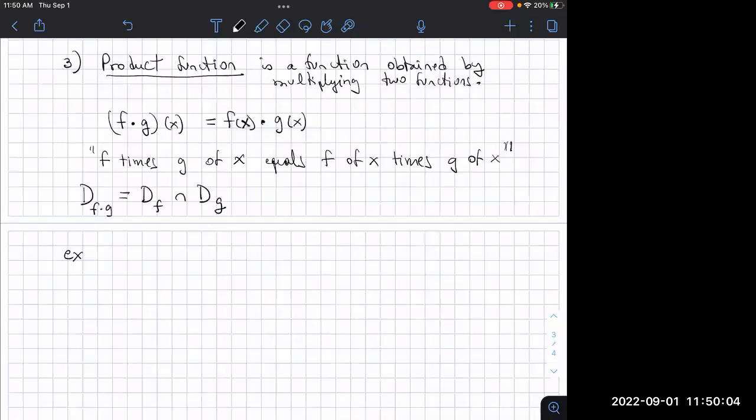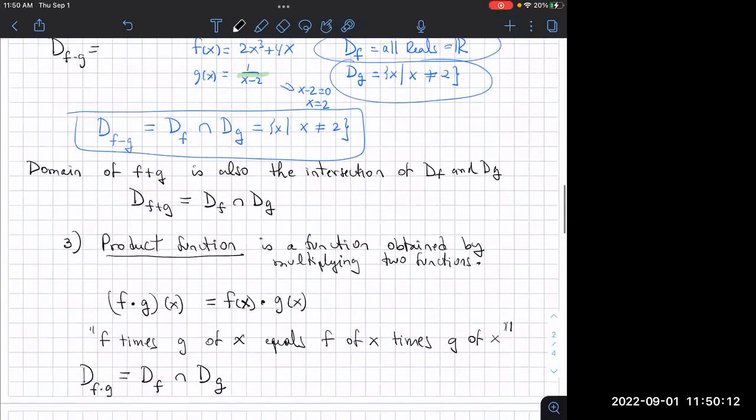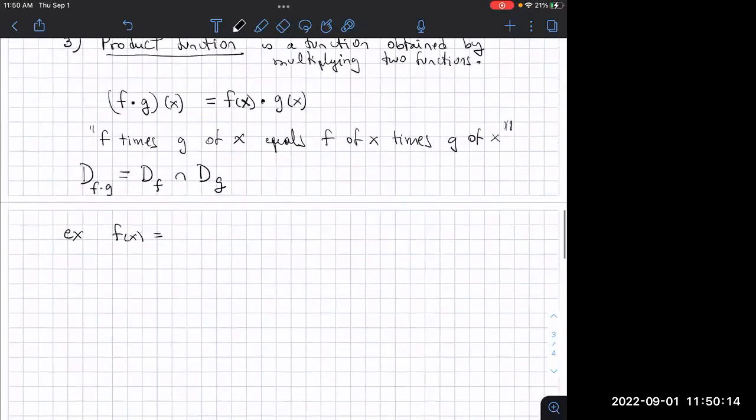So example: f of x equals, I guess we'll do the same, 2x cubed plus 4x. g of x equals 1 over x minus 2.